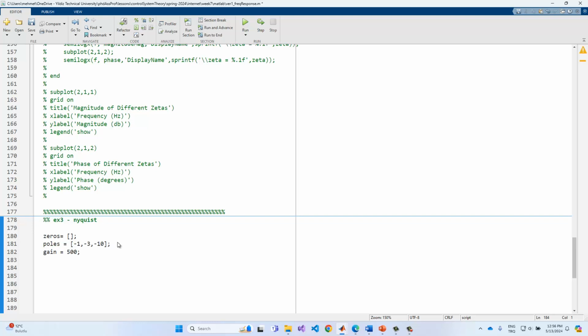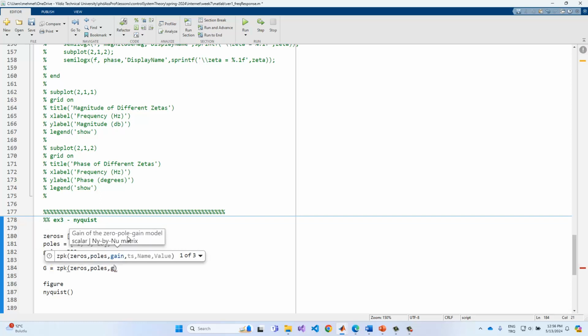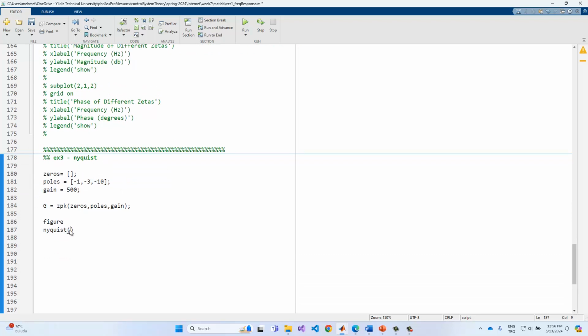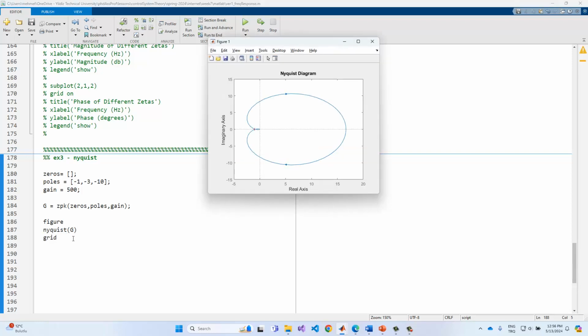So we can use these commands in here, with the figure and the nyquist called for G equals zpk of zeros, poles and gain. This is the transfer function, and so this G can be given in here. And if I run this code, I'm sorry, grid on must also be given in here.